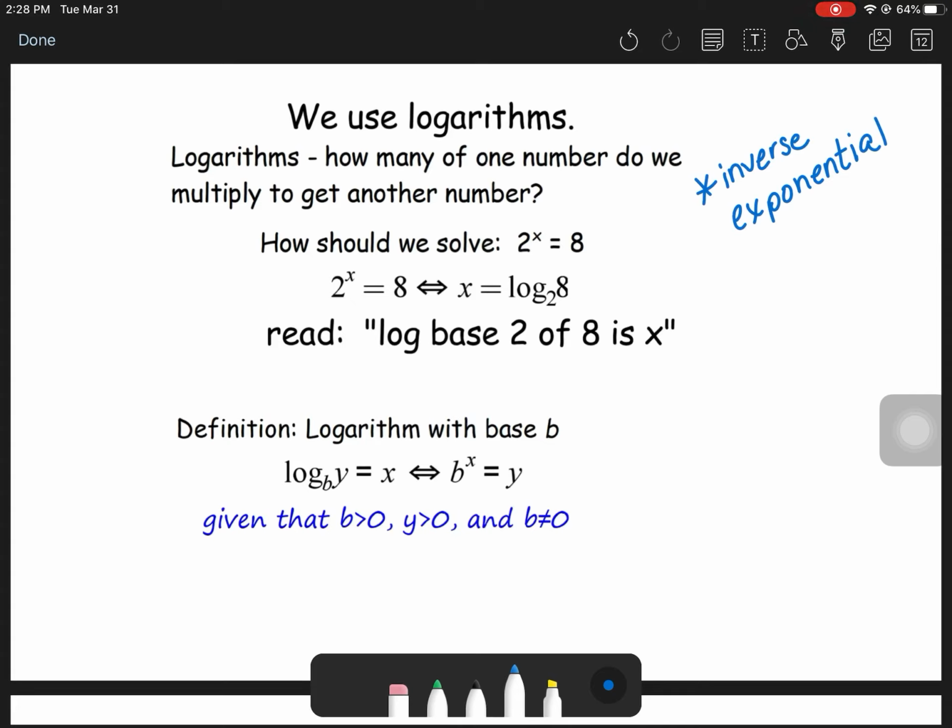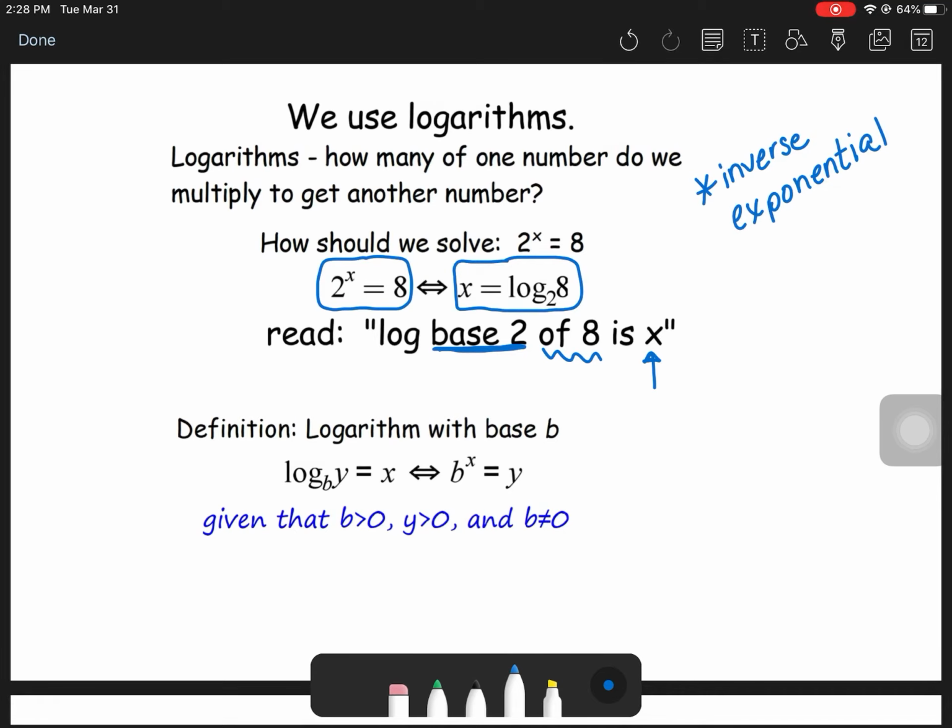So when we are rewriting an exponential function, we can write it as a logarithmic function. And when you read a logarithmic function, you'll read it as log base whatever, in this case base 2, of 8 is x, and you're looking for the exponent for x.